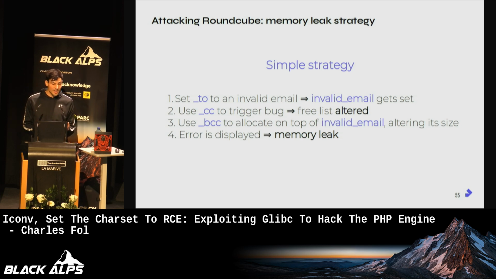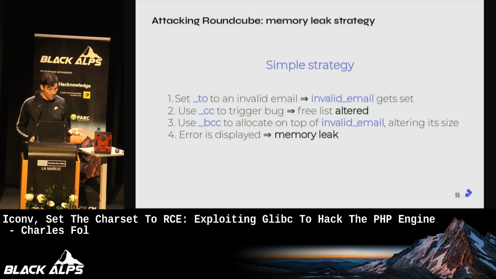And the idea now is to try and override the length field of the invalid email before it gets displayed. To do so, we use cc to trigger the bug so that we modify the list and we alter the free list. And then we use bcc to allocate a few chunks so that the free list is consumed and we overwrite the invalid email and change its size. And right after, the error is displayed and we get the memory leak that we wanted.